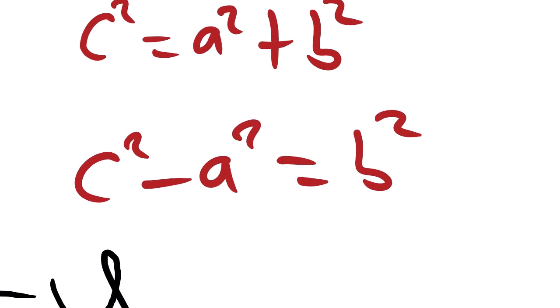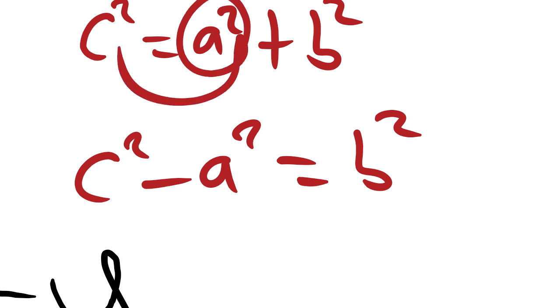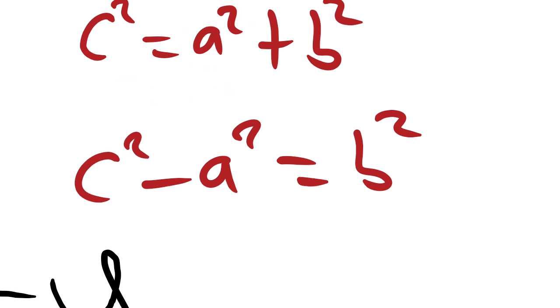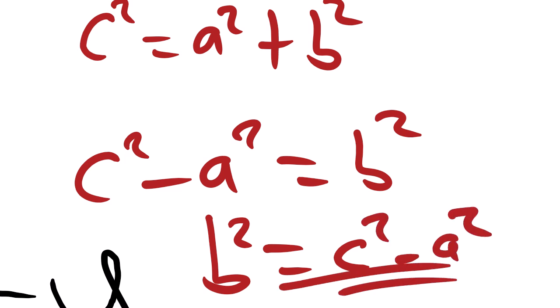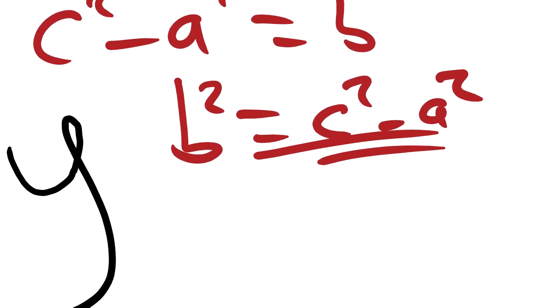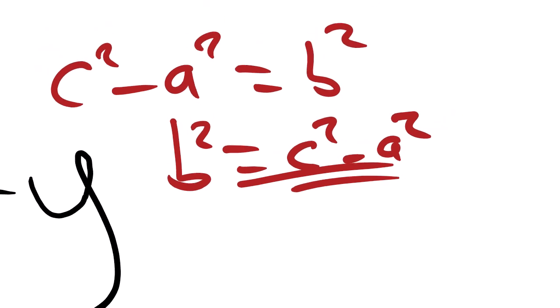How do we get that? We just took A square to the other side of the equation. Then it gives us B square as the subject of the formula. That's all you need. So you can make any of these three the subject of the formula.